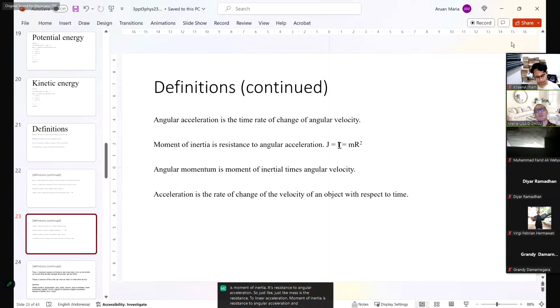And as you can see, the simplest moment of inertia is equal to mass times the square of the radius of rotation. If you have a stick, and at the end of the stick you have a mass, let's say 1 kilogram, and you rotate the stick, the moment of inertia is going to be the mass of this thing times the square of the length of the stick.